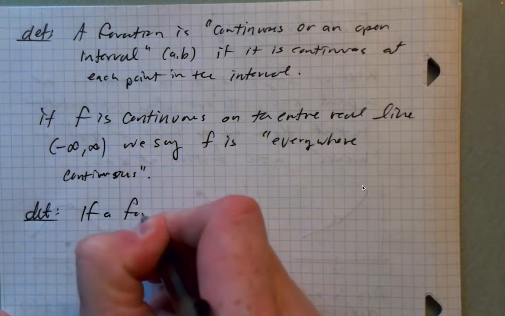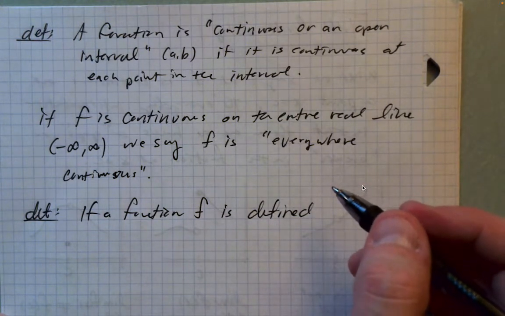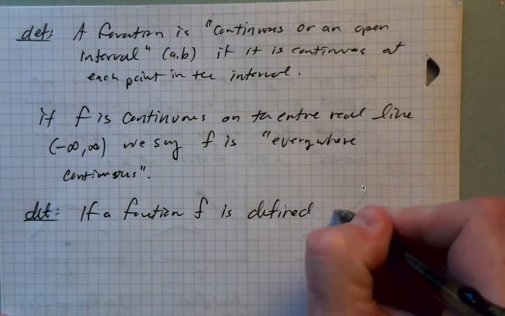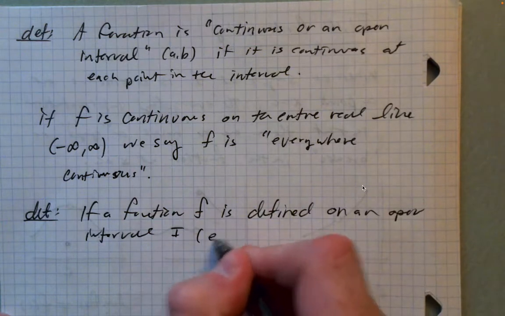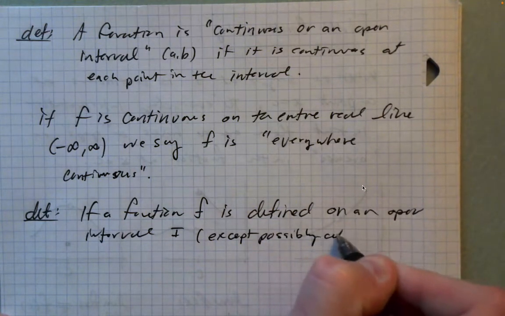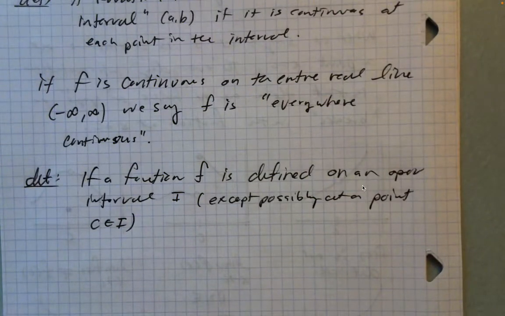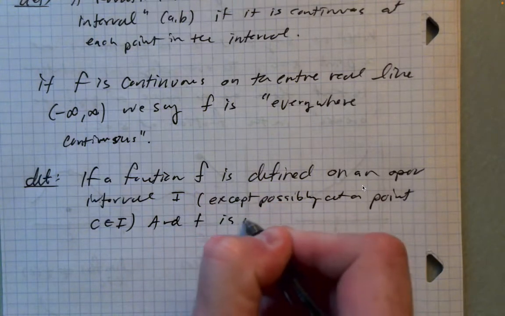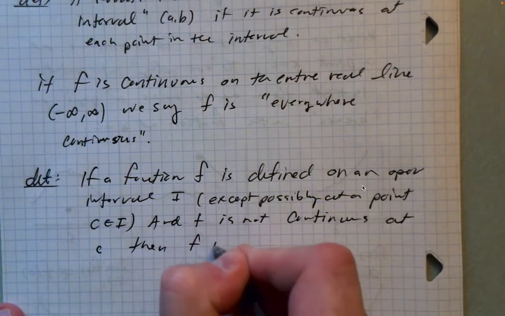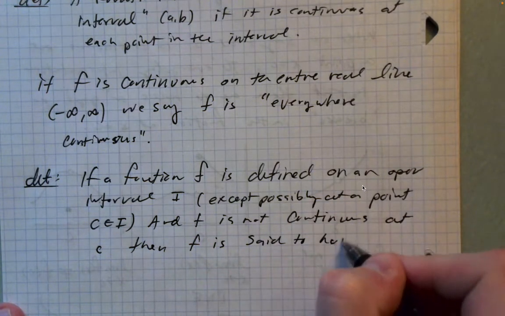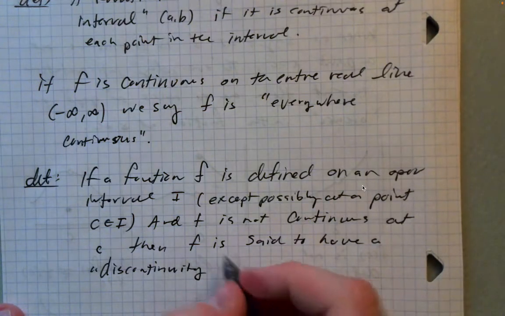So if a function f is defined on an open interval I, except possibly at a point c in I, and f is not continuous at c, then we say that f is said to have a discontinuity at c.